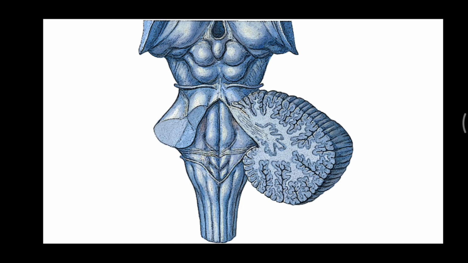It is limited above by the medullary striae or striae medullaris and is divided into two symmetrical halves by the median sulcus, that is over this region. Each half is further subdivided by the sulcus limitans into a medial and a lateral area.